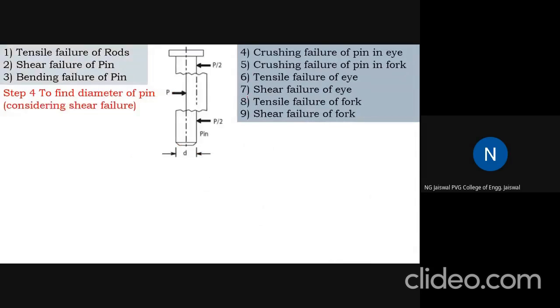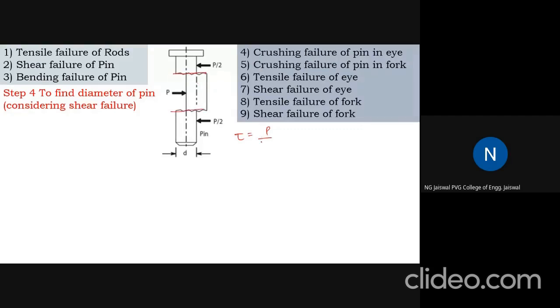So we'll first consider the shear criteria. As per the shear criteria, what equation should you write? You should write the equation tau is equal to force divided by area. Which area? The area under failure. Which area does it mean? This area and this area.